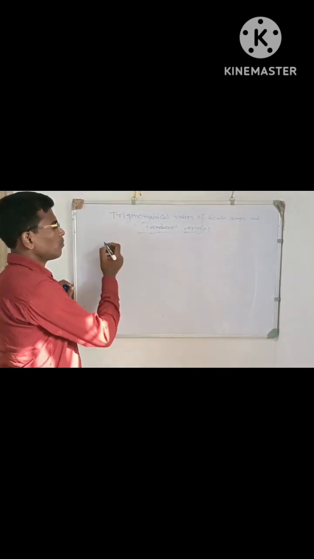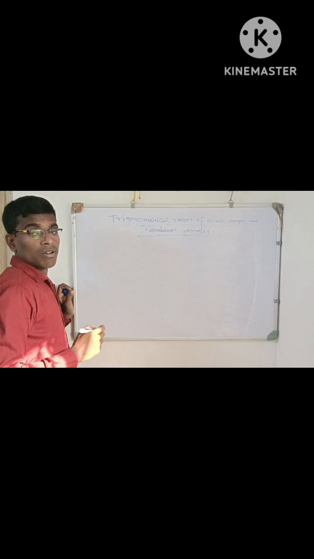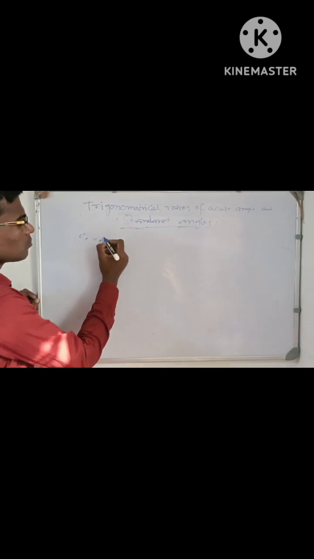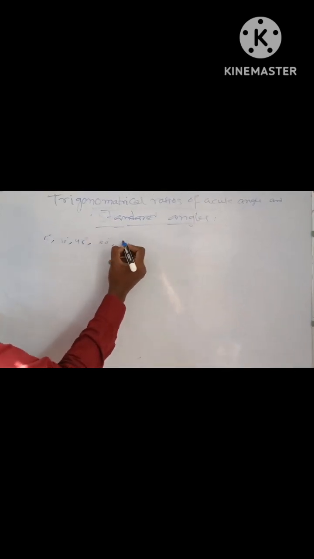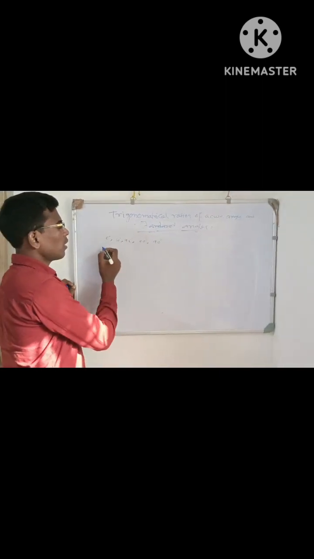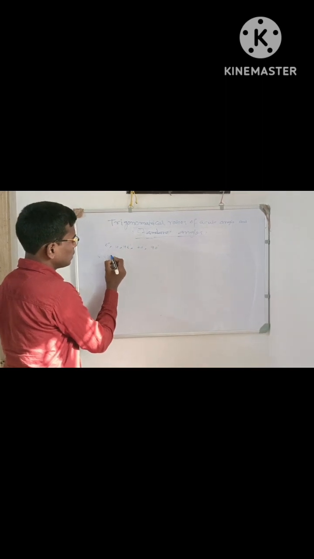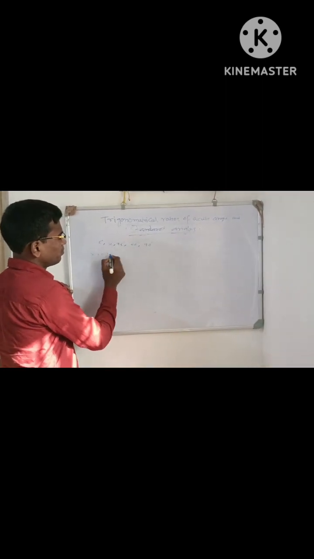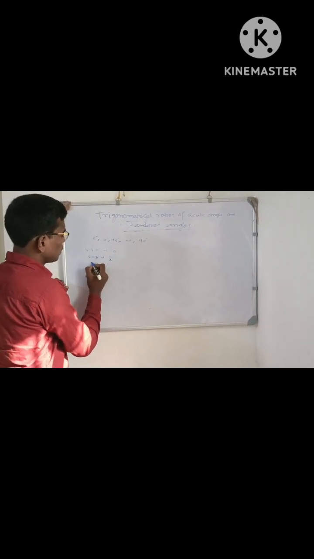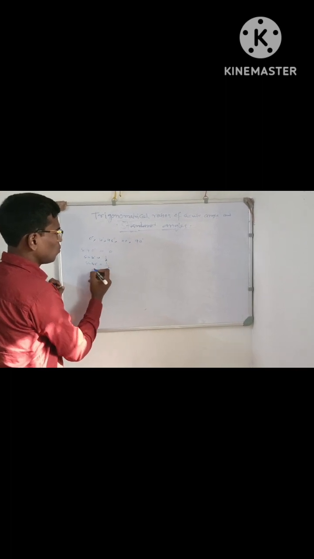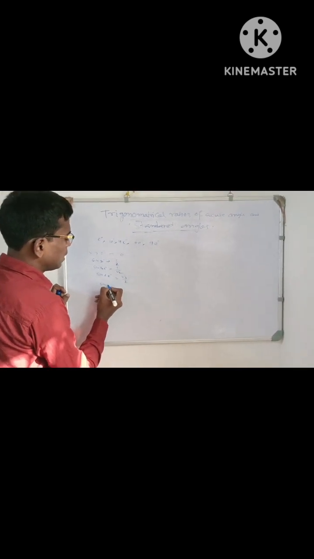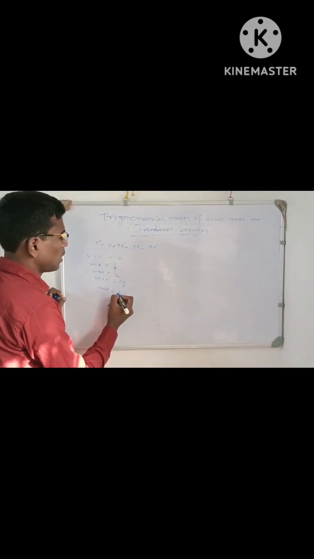Now the values of a few standard angles are to be remembered by all of you. The standard angles are 0 degree, 30 degree, 45 degree, 60 degree and 90 degree. The values are: sin 0 equals 0, sin 30 equals half, sin 45 degree equals 1 by root 2, sin 60 degree equals root 3 by 2, sin 90 degree equals 1.